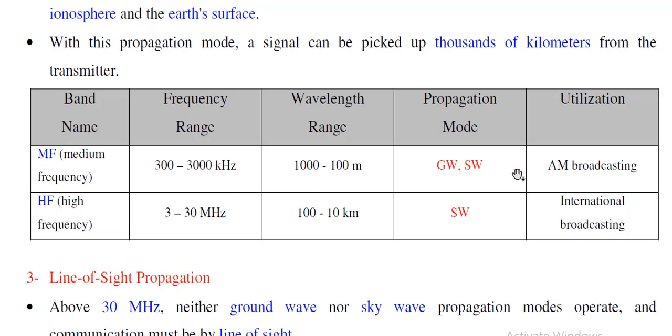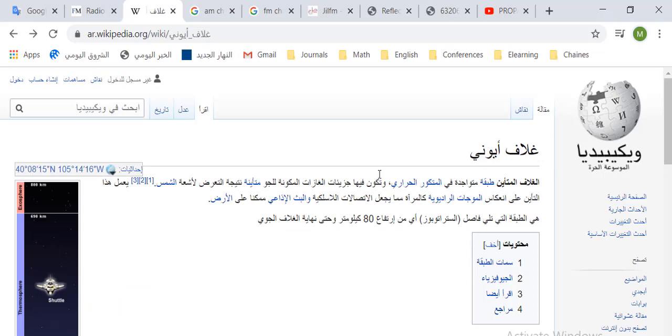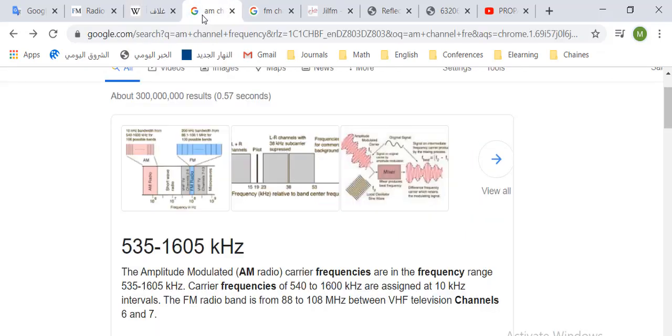The first band is used with what you call AM broadcasting. We have with radio, what you call AM broadcasting. All radio stations that broadcast their radio signals use frequencies between 535 and 1605 kilohertz, and we call that AM radio frequencies.